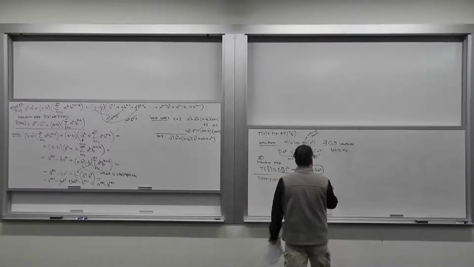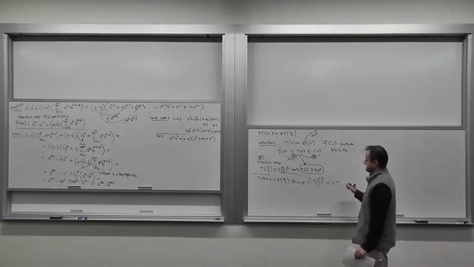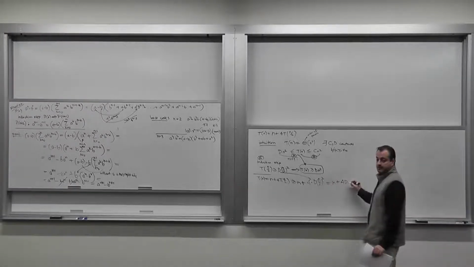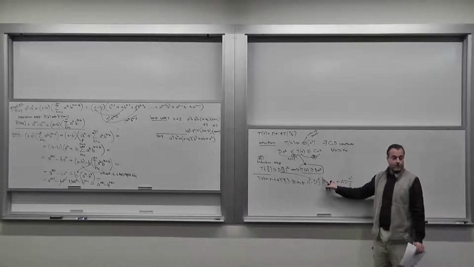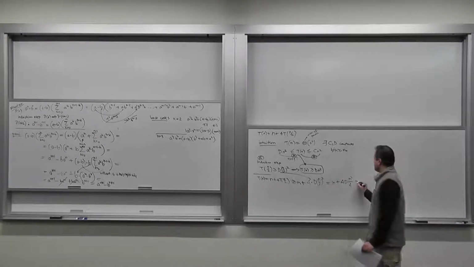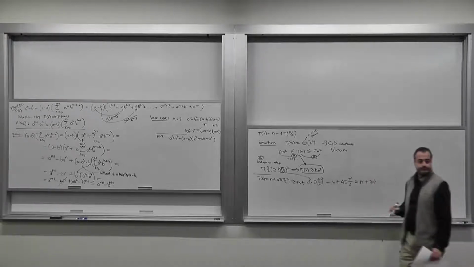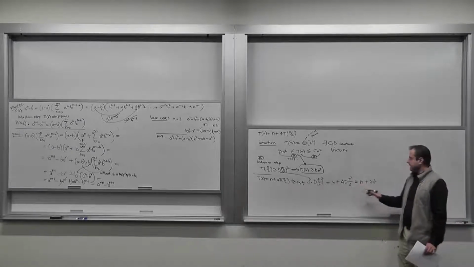How much is this? n plus 4d n squared by 4, right? Because n by 2 squared is n squared by 4. So this is n plus d n squared. Correct? Because 4 goes away with 4.